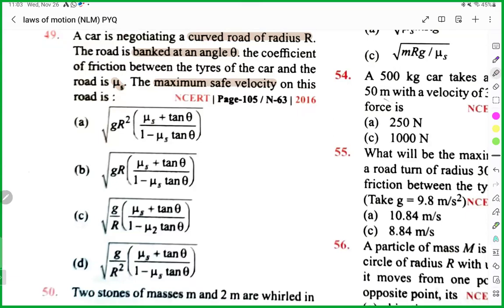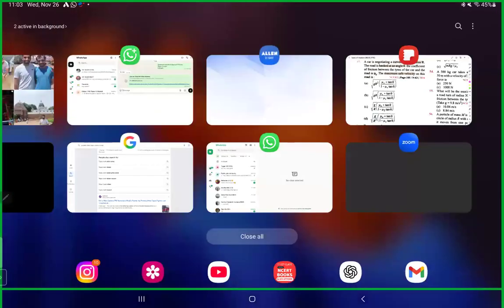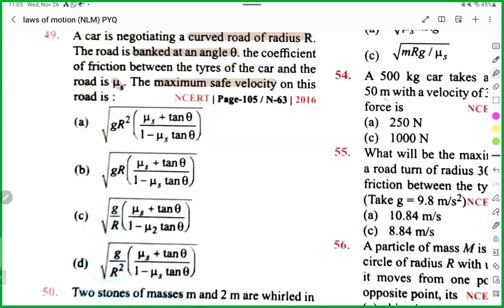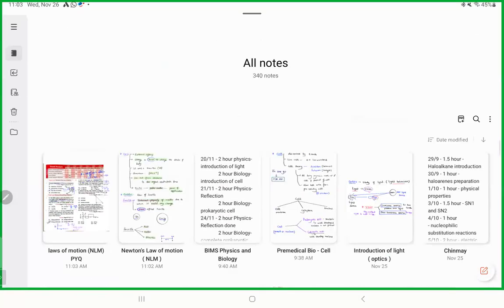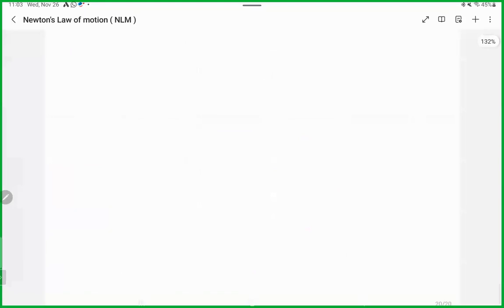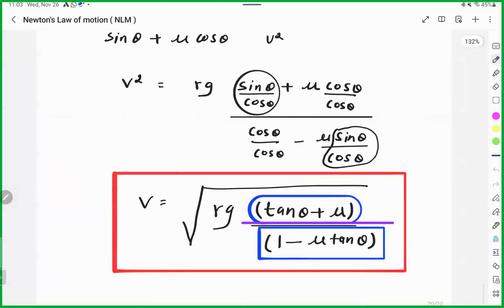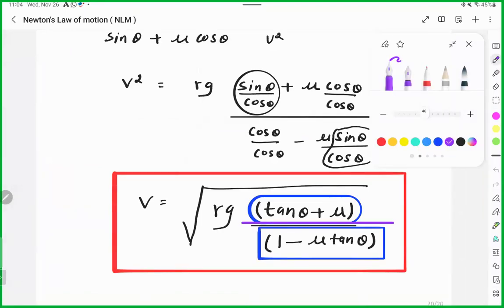Because what we are calculating here is the maximum safe velocity. Okay, we can add it here.